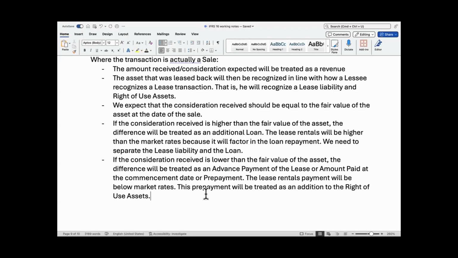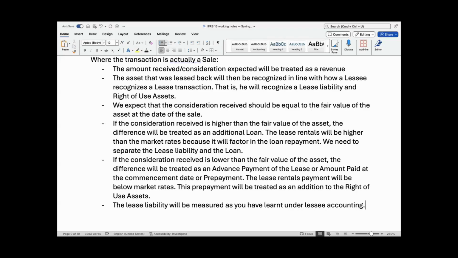For this now, the lease liability will be measured as you have learned under lessee accounting.